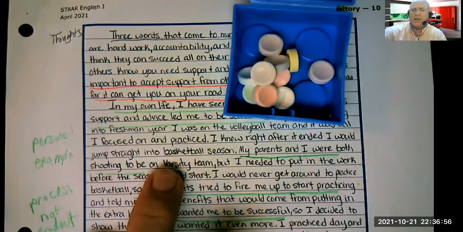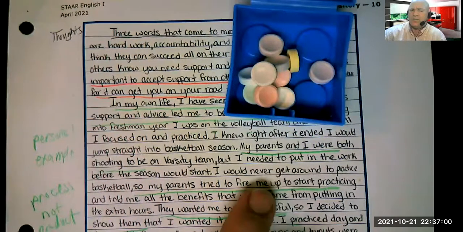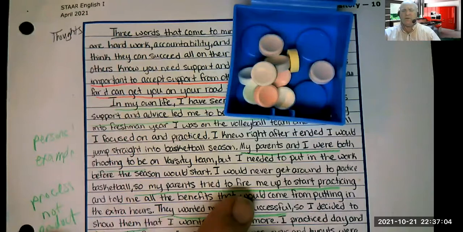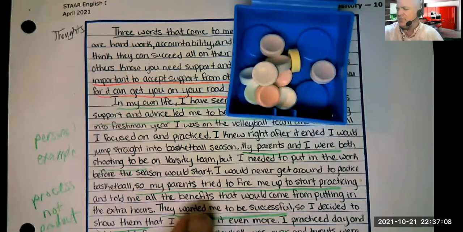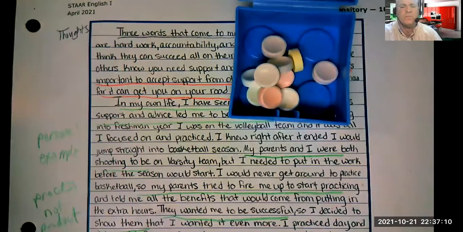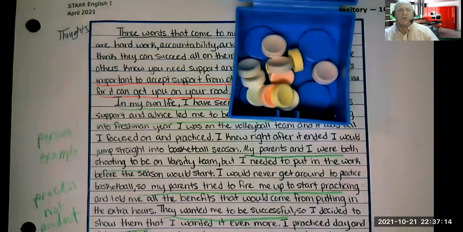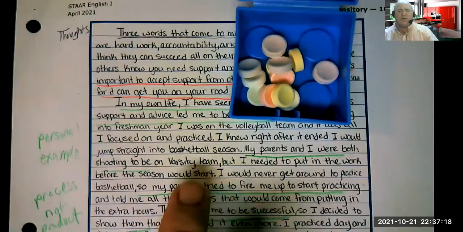I would never get around to practice basketball, comma, so my parents tried to fire me up to start practicing and told me all the benefits that would come from me putting in the extra hours. That was quite a long sentence. Let me see what it's composed of. There's a coordinating conjunction. I needed to put in the extra, so my parents tried to fire me up to practice, okay?